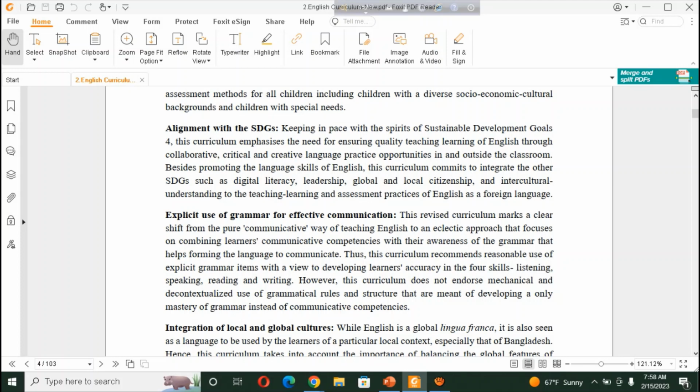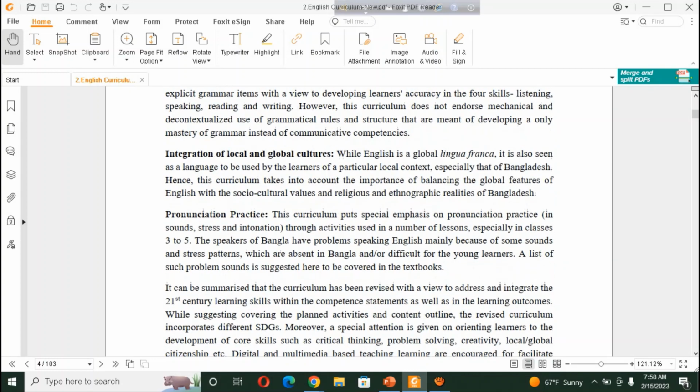So, our new curriculum is based on communicative language teaching, with integration of local and global culture. While English is a global lingua franca, it is also seen as a language to be used by learners in a practical local context, especially that of Bangladesh.